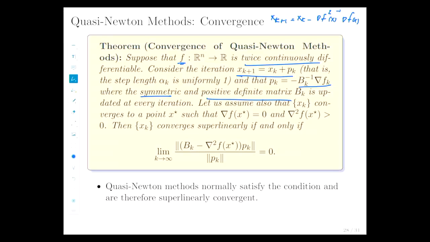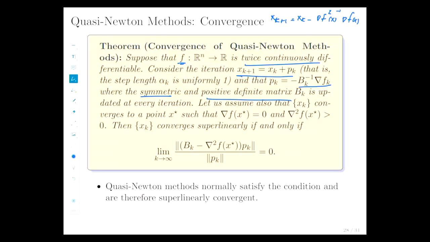Just up to this point, what can I conclude about pk? Mark, what is the property of pk, the search direction? It's a descent direction. So up to this point, we can conclude pk is a descent direction, right? Now let's continue.